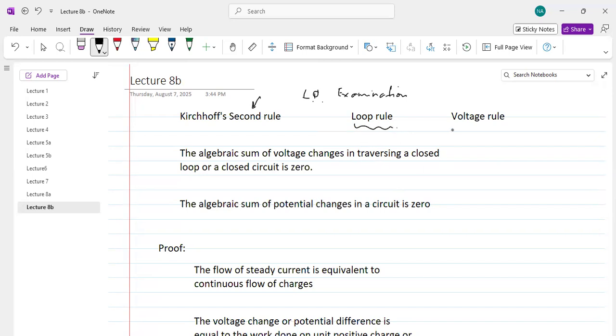Usually both these laws are asked in examination, state and proof of Kirchhoff's rules. But in particular, one Kirchhoff rule can also be asked in examination, that is Kirchhoff's second rule.